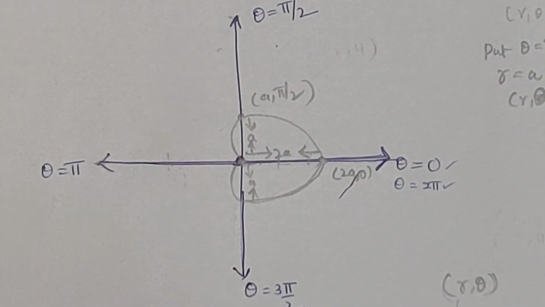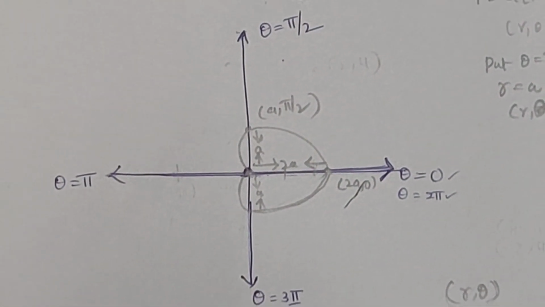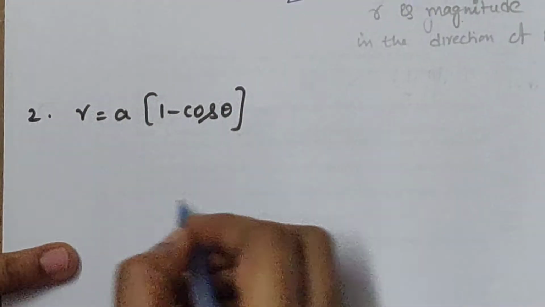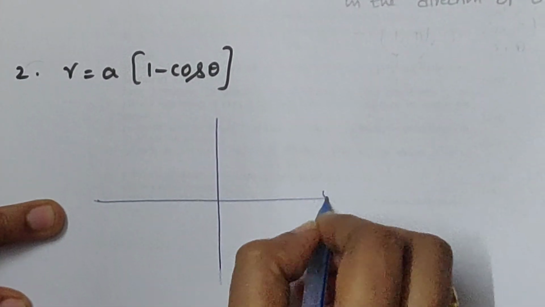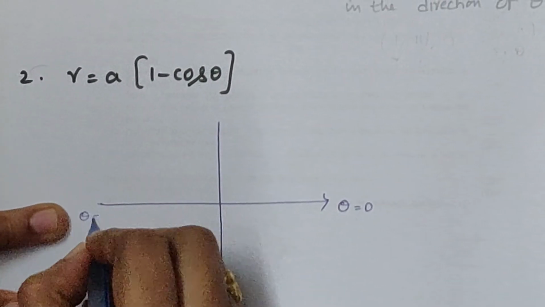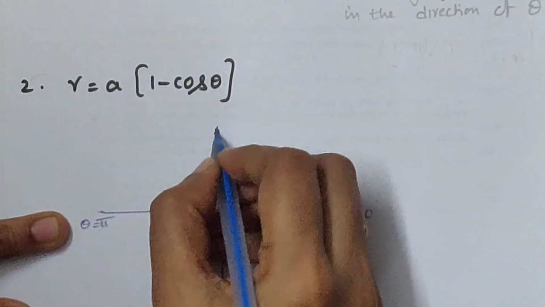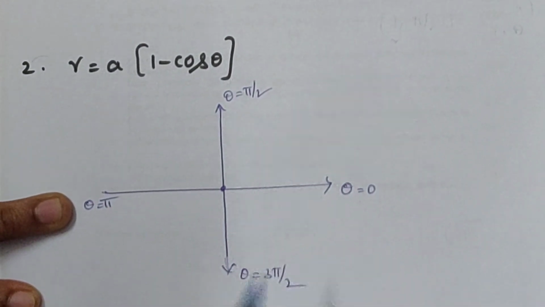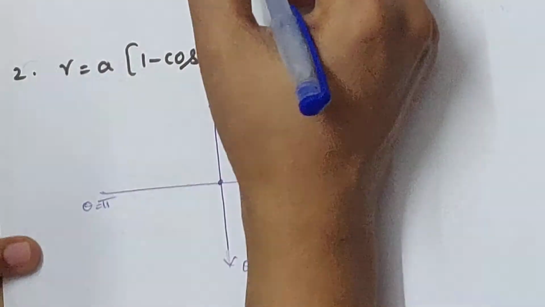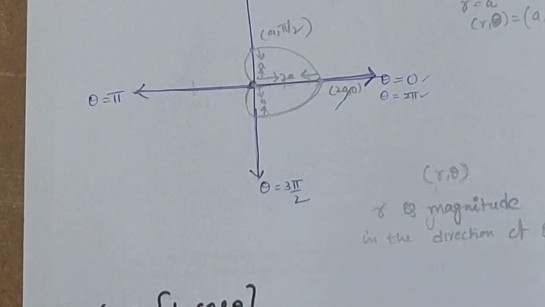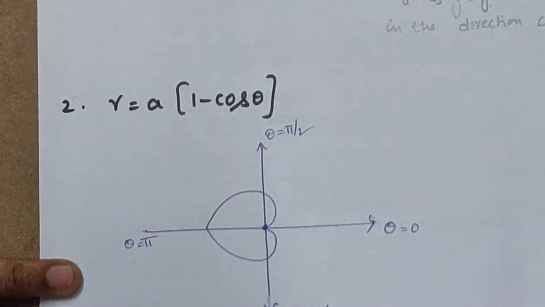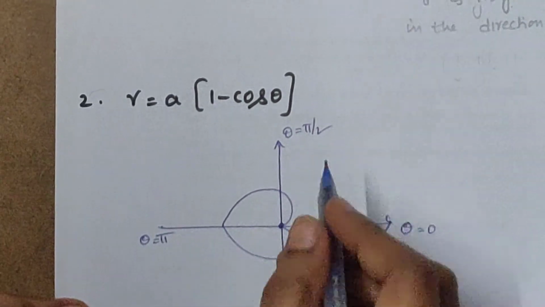The next cardioid is r equal to a into (1 minus cos theta). Its rough sketch is: initial line theta equal to 0, theta equal to pi, and this is the pole, theta equal to pi by 2, theta equal to 3 pi by 2. r equal to a into (1 plus cos theta) is towards the positive x-axis, and this is the negative x-axis.